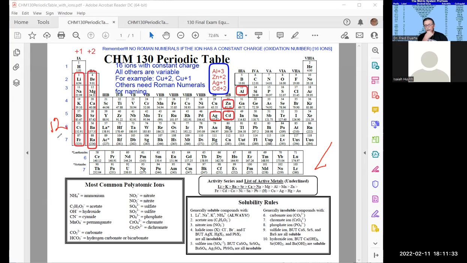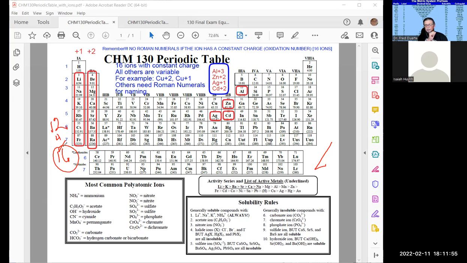So there's 4 more elements that always have a consistent charge. For example, aluminum will always have a +3. Zinc will always have a +2. Silver will always have a +1, and cadmium always has a +2.